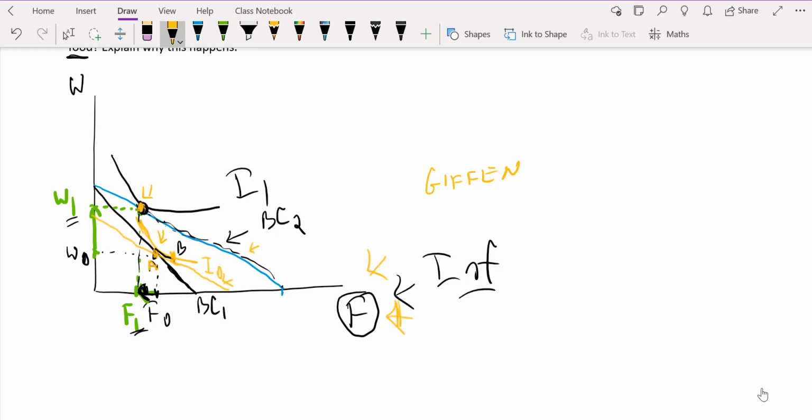Another way of looking at it is, let me put it this way: if the reduction in the consumption of food due to the income effect is larger than the increase in the consumption of food due to the substitution effect, we have a case of a Giffen good.